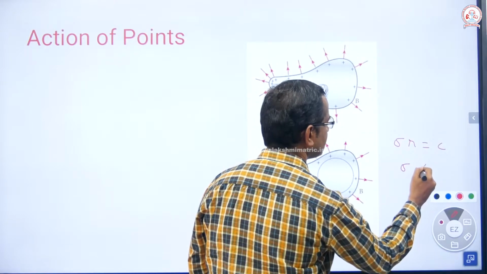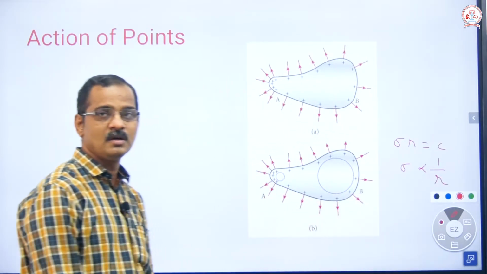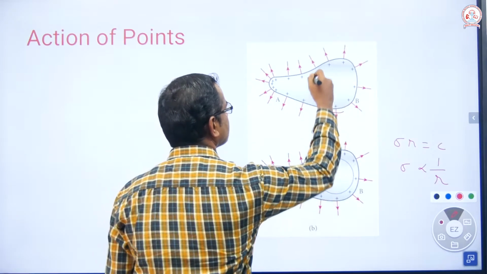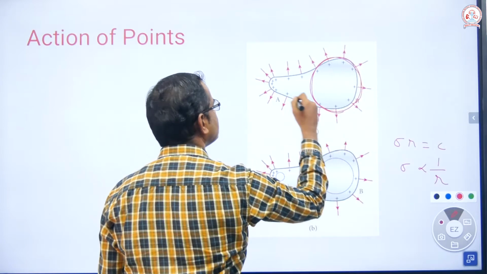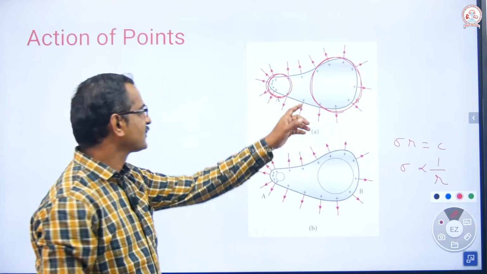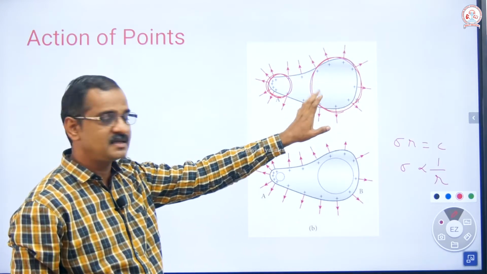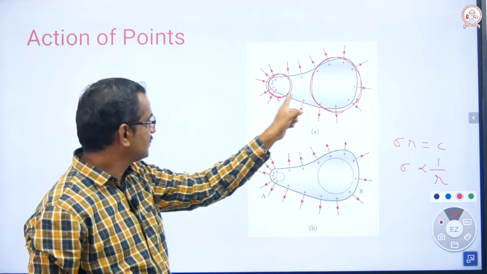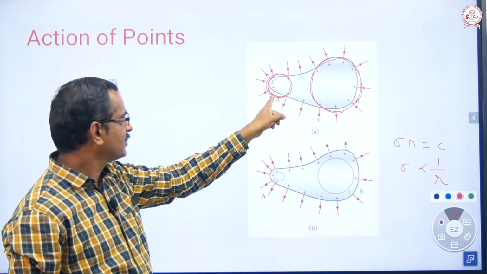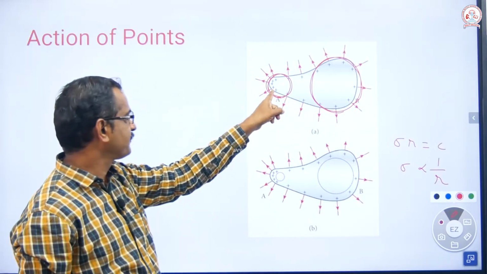If you treat this as a sphere, you can see that the number of charges or charge density is less here, and charge density is more here. So this equation is verified here.